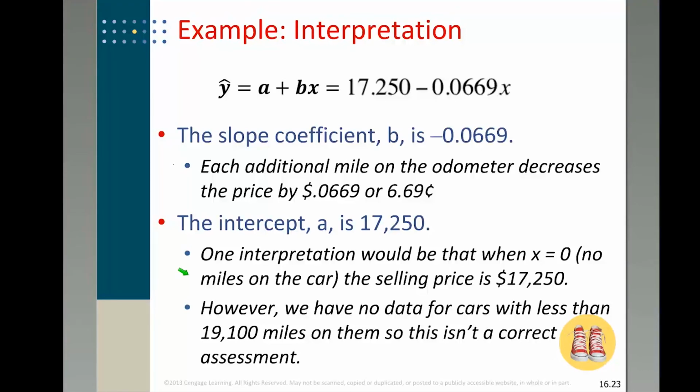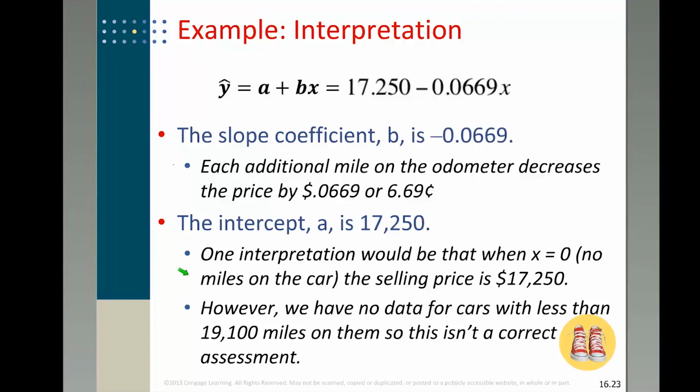So second, it doesn't make sense for x to be 0 because no car has 0 mileage. Of course, every car has 0 mileage at the beginning, but they usually test drive the car before sending it out from the factory.